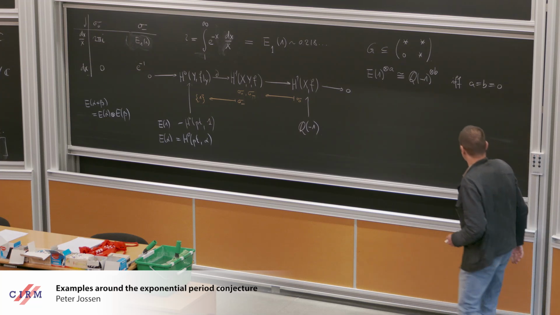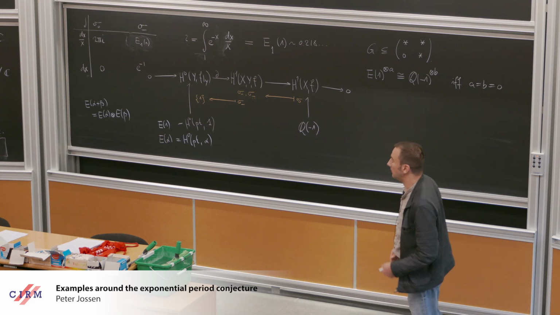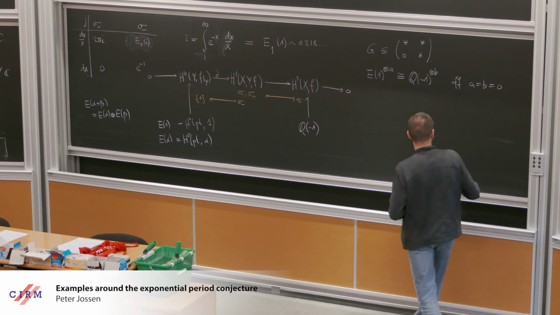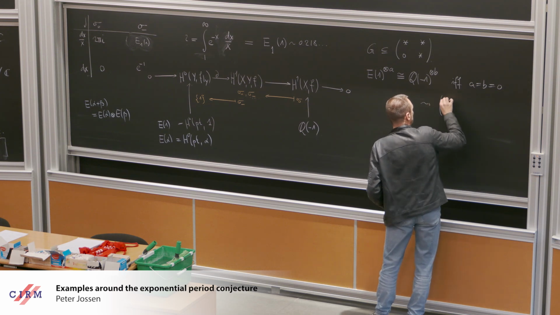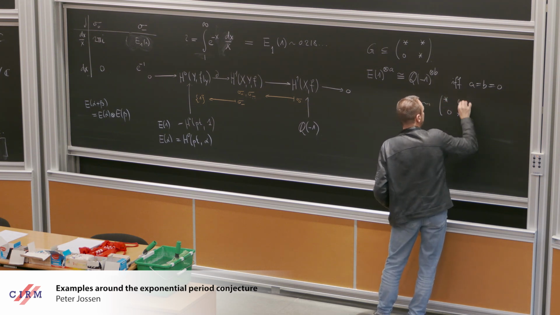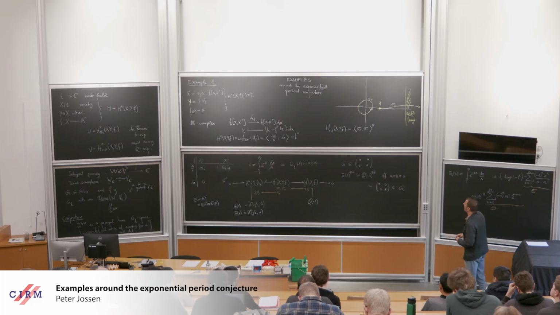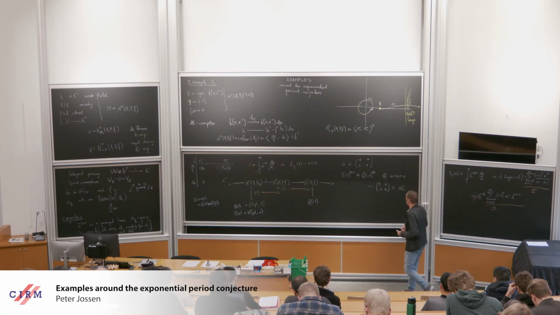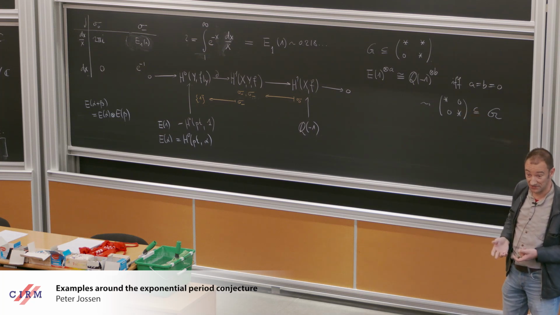So these two motifs live in a very orthogonal world, so that will tell you that the diagonals are inside G, and the whole question is really whether G is all the upper triangular matrices or just all the diagonal matrices.